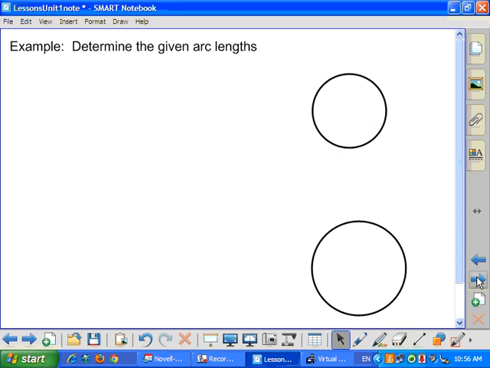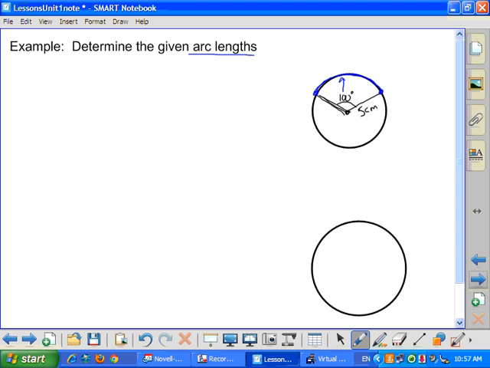All right. So determine the given arc lengths. What are you given in the homework? You'll be given a radius and an angle. So for example, it'll say 5 centimeters and an angle of 100 degrees. You know that you're looking for arc length. Arc length is going to be the length of the curve matching up with the corresponding angle.